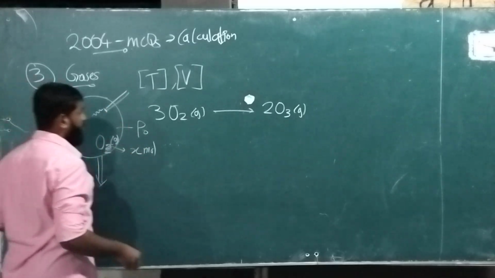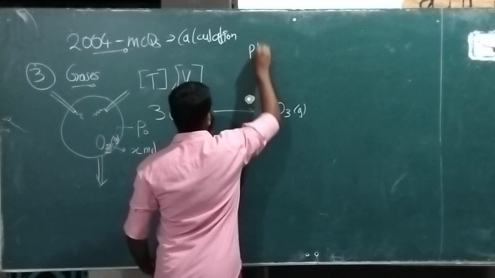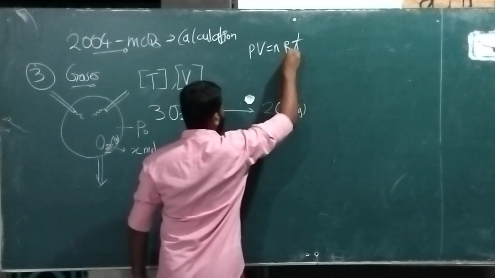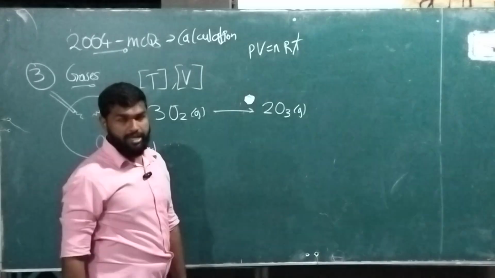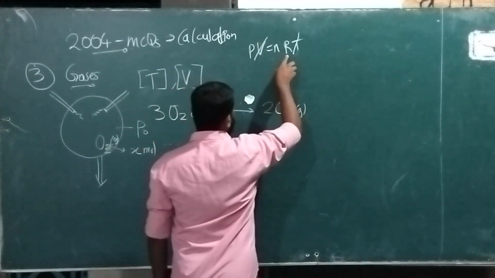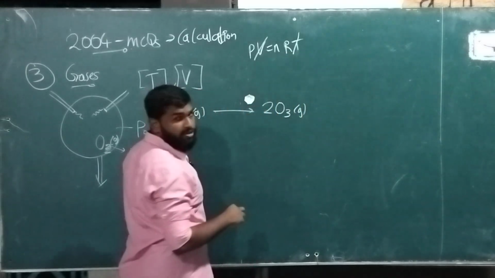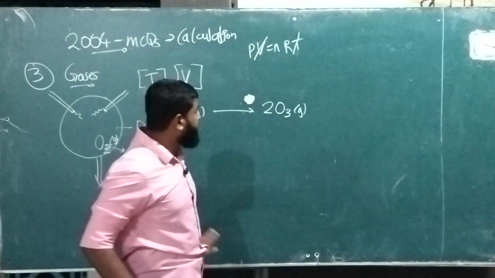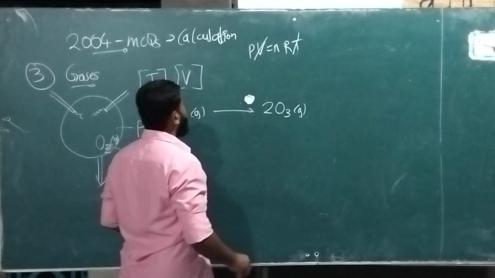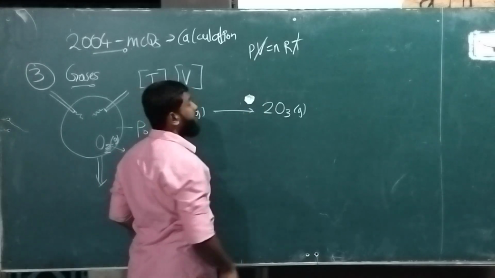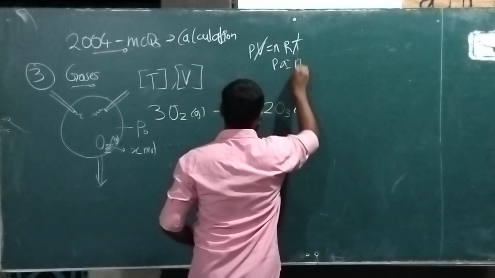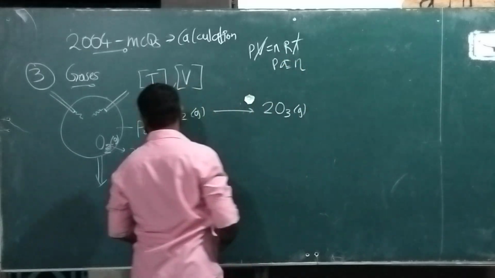Once you write PV equals nRT, the absolute temperature is constant, volume is also constant, and R, the universal gas constant, is a constant itself. So you can directly take a proportion: pressure is directly proportional to the number of moles present in the system.